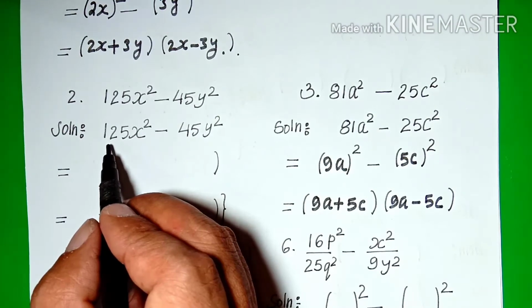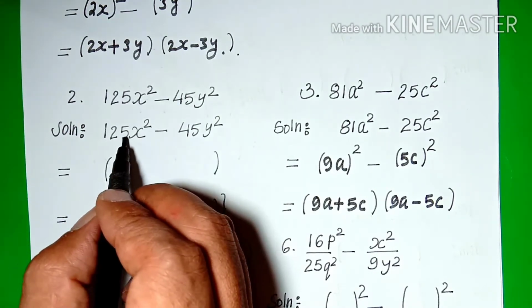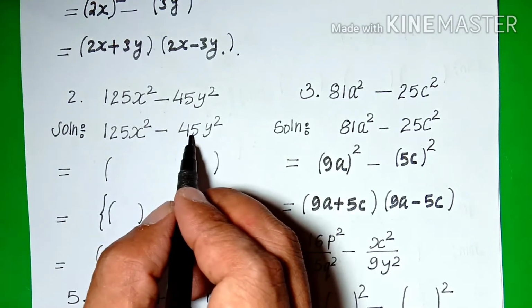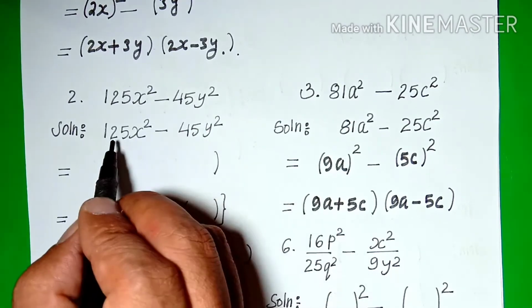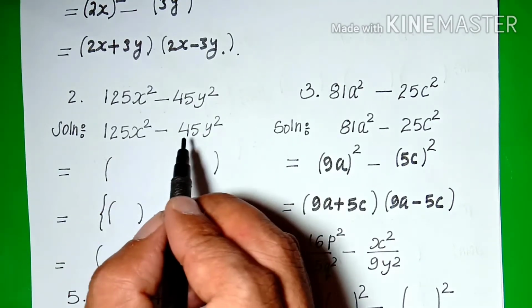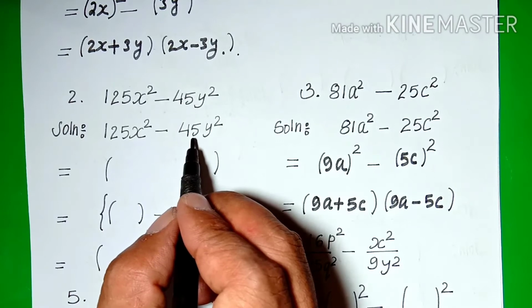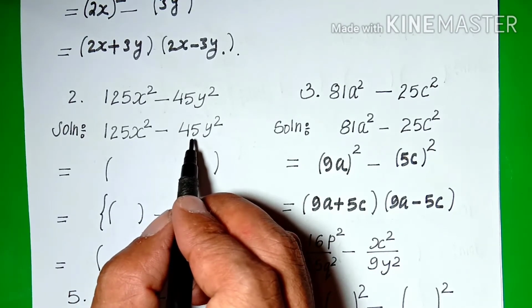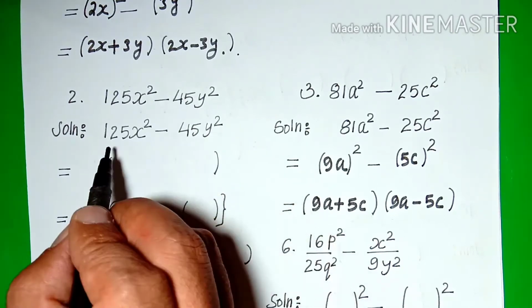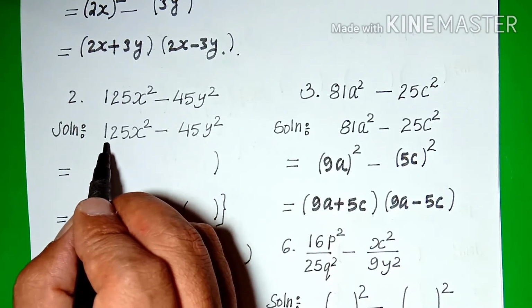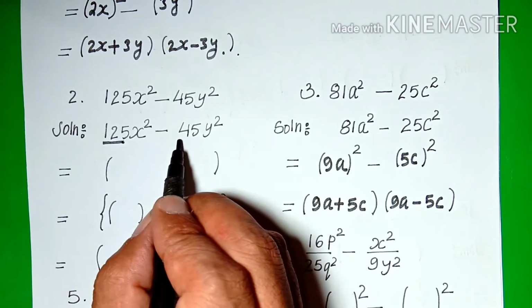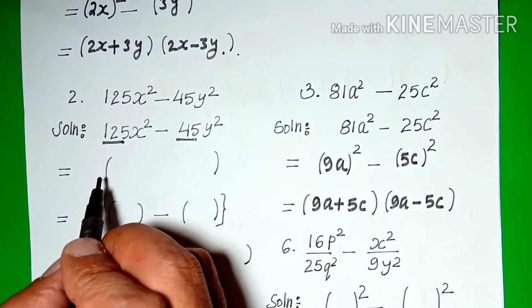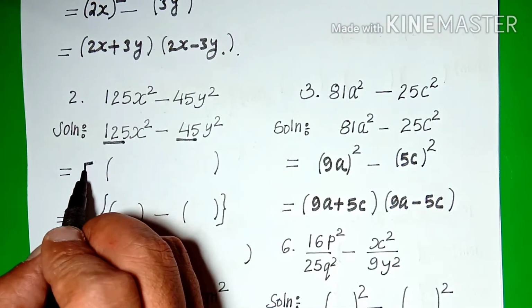Now the second one, 125x² − 45y². Is it a perfect square? No. On the other side also? No. Since we are using the formula a² − b², you'll have to take a common factor. 125 and 45 are divisible by 5, the highest common factor for these two terms.